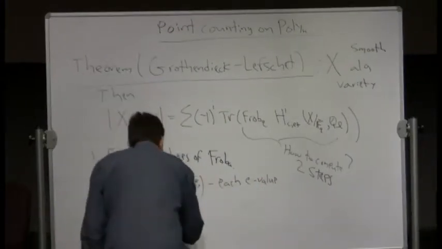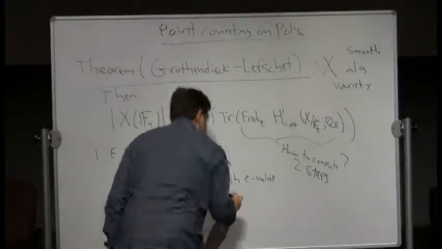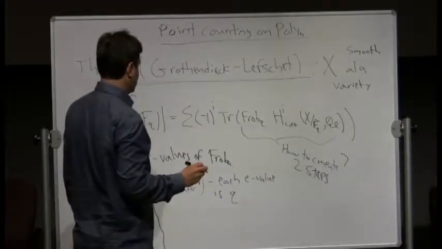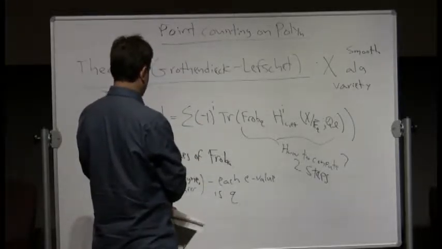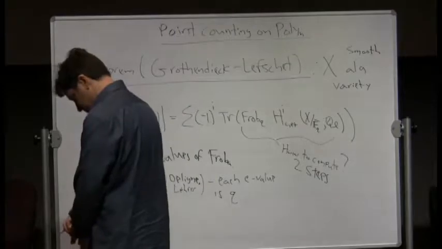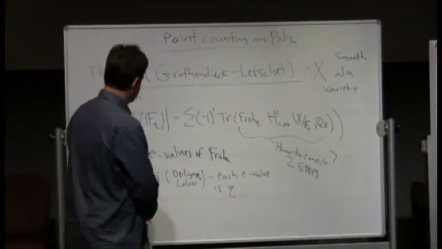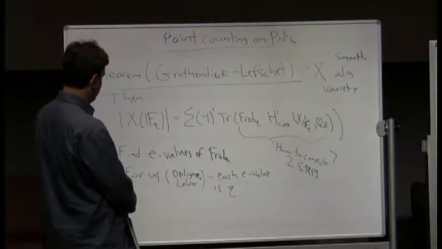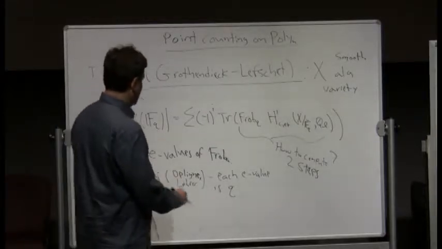Each eigenvalue is q. How can I say this? Sorry, let me just think for one moment, please. Which parts of the story?